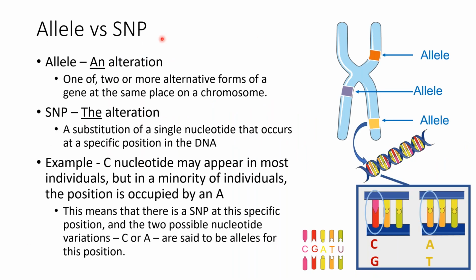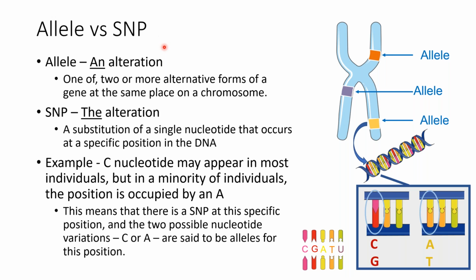A lot of times when we look at the reports, it can be confusing, the difference between an allele and a SNP. So I wanted to make sure that we went over that. An allele is a specific gene that has an alteration. So an allele is an alteration, and it can be one of two or more alternative forms of that specific gene.